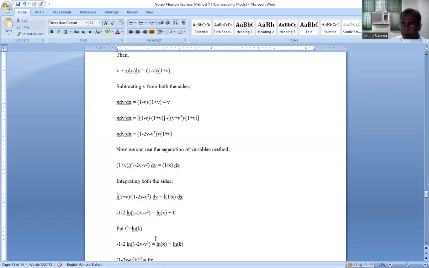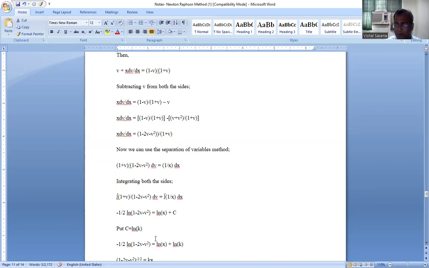Look here, if we put the denominator 1 minus 2v minus v square as z, then the numerator term 1 plus v into dv will be obtained there, and in this way the left hand side can be integrated very easily. I have done this integration directly because it is not so difficult.